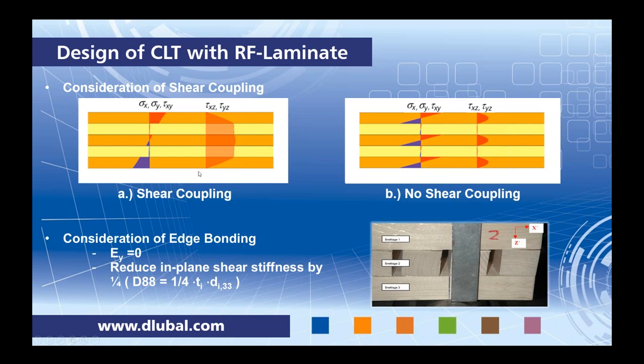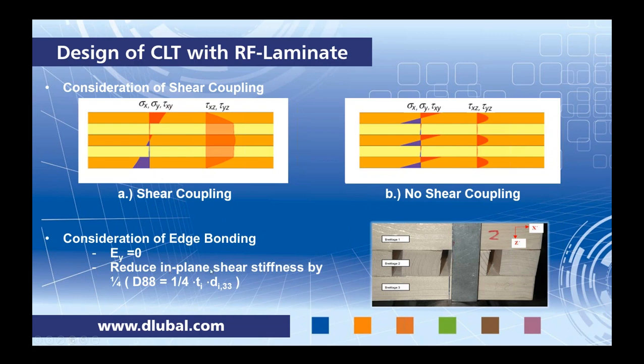Most likely the different layers will be glued together. So for our case, we're going to consider shear coupling. Now, consideration of edge bonding, or are the boards glued at the narrow side? This is a perfect example of where the boards are not glued at the narrow side. Therefore, we'd set our stiffness in the local Y direction equal to 0.